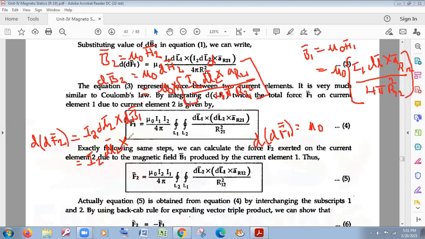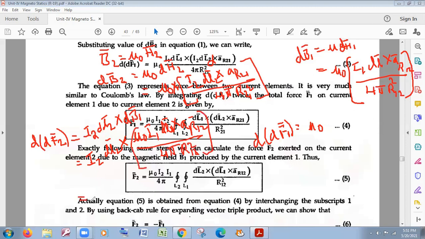Now you can substitute these in the differential element of dB bar. dB bar is equal to dH bar. What is that value? I dL2 bar cross mu naught into I1 dL1 bar cross a_R12 bar, whole divided by 4 pi R12 square. Got it, my dear students?